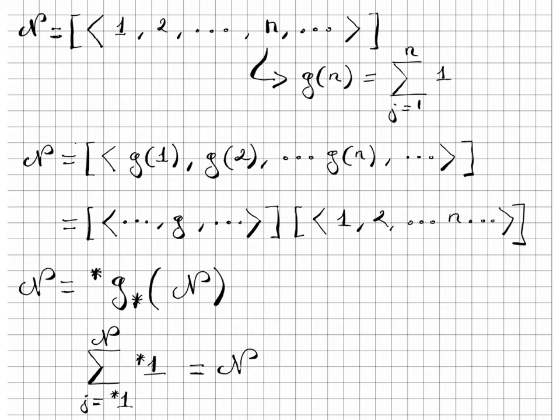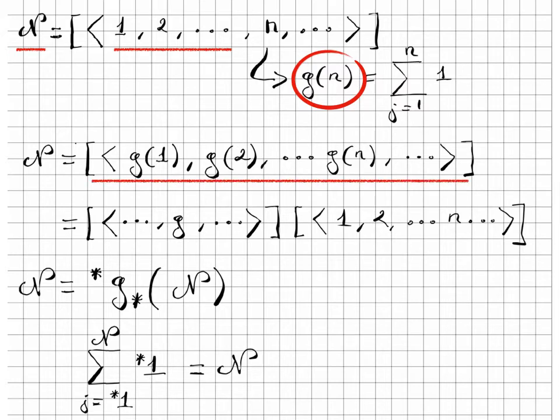To understand this, I propose we look at the hypernatural number N defined by the increasing sequence here. I am now going to replace n by the function g of n, which is the sum from 1 to n of 1. I can therefore rewrite N like this, which we know from our previous lecture can be written as the action of a constant sequence g on an increasing sequence 1, 2, up to n, and so on.